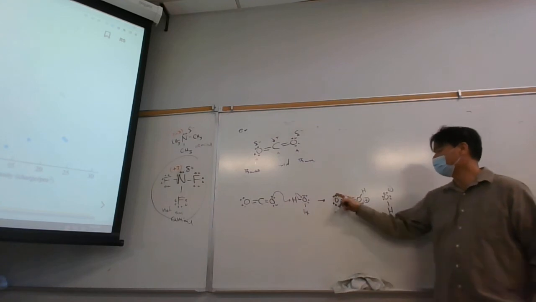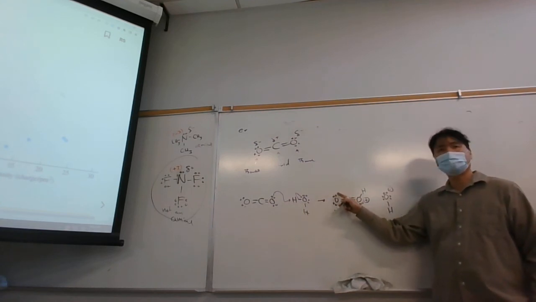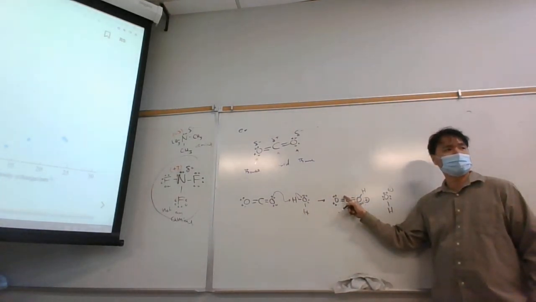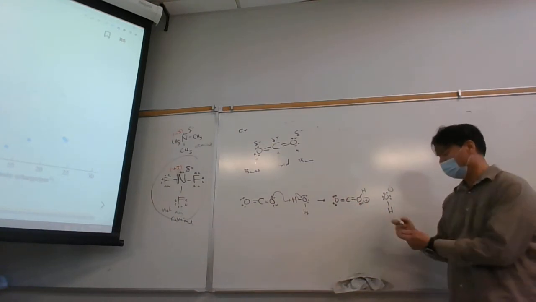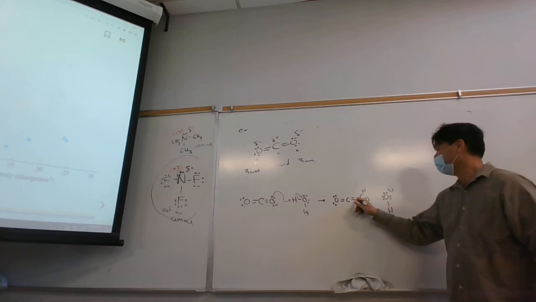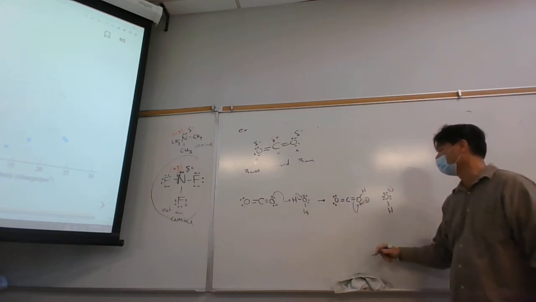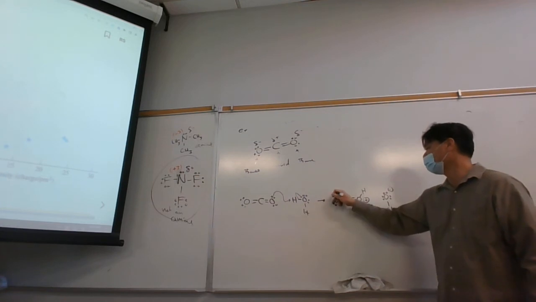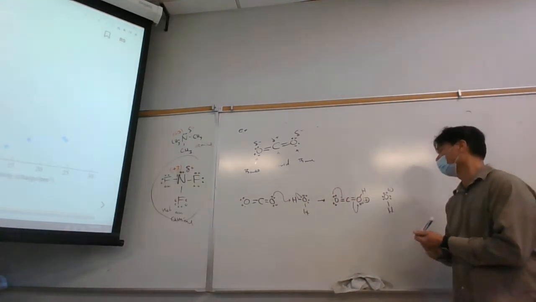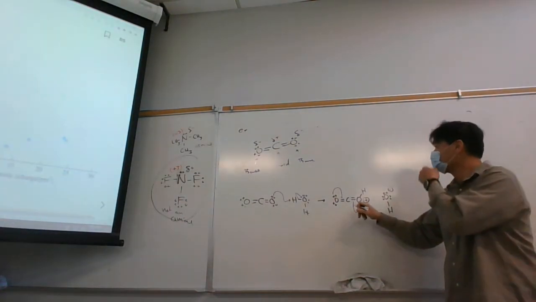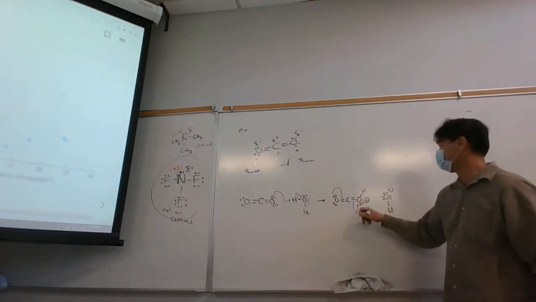Well, that's okay because we could fix that by putting a lone pair into the bond like this. We'll break up that pi bond and make it a lone pair. And then to satisfy carbon's octet, we'll drop the lone pair in there. And so we end up with something that looks like this.